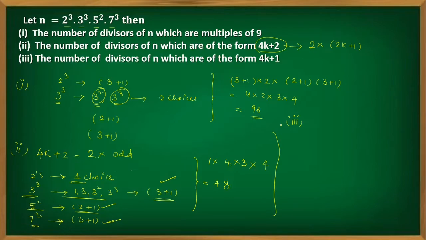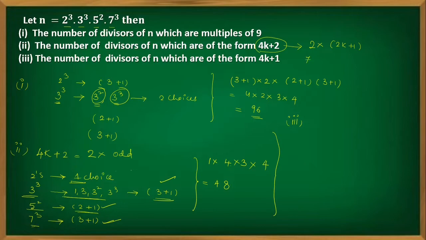Clearly you can see that a multiple of 4 plus 1 is an odd number. So the divisors must be odd. So indirectly, the divisors we want are odd divisors. But every odd number is not of the form 4k plus 1.